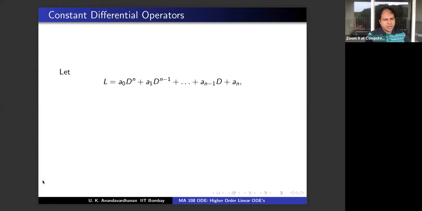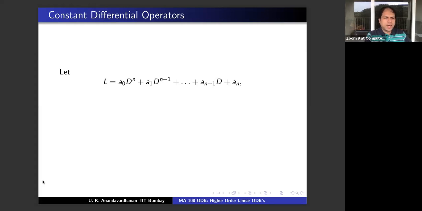But that is not quite correct because we would like to have real valued functions. So you add and divide by 2, and subtract and divide by 2i. So you will get e^(ax) sin bx and e^(ax) cos bx. Same strategy.